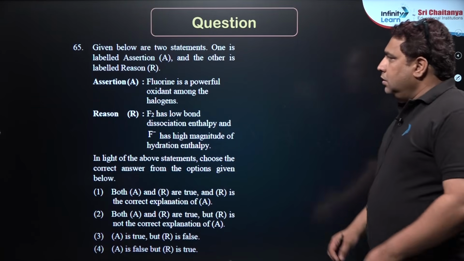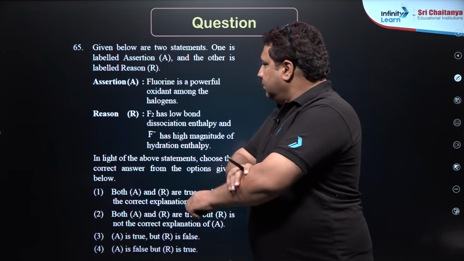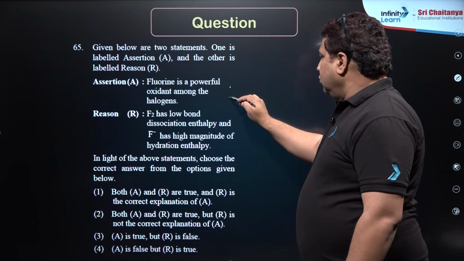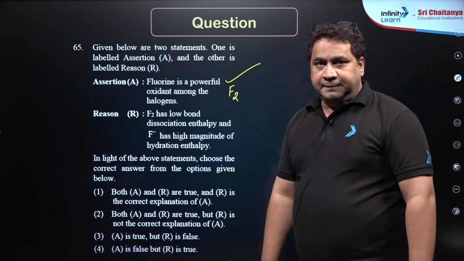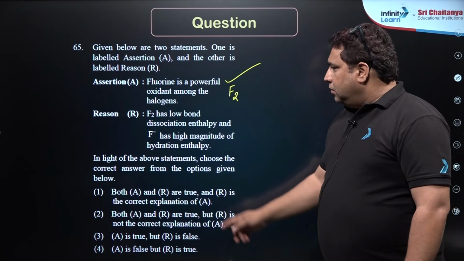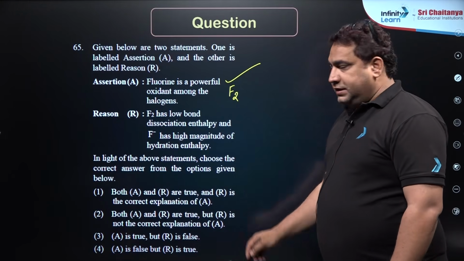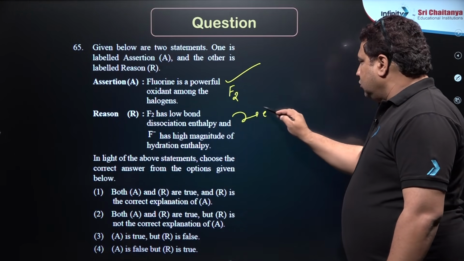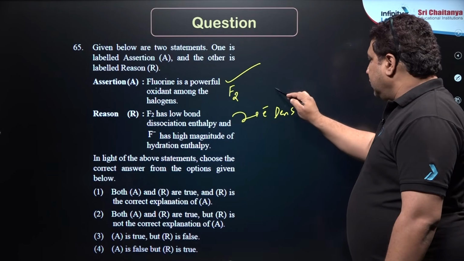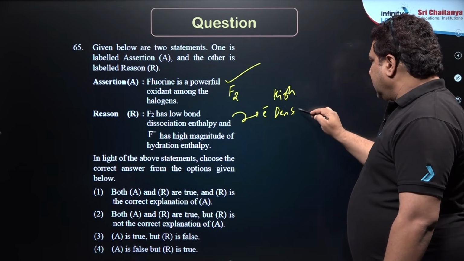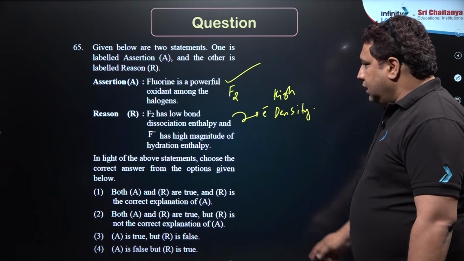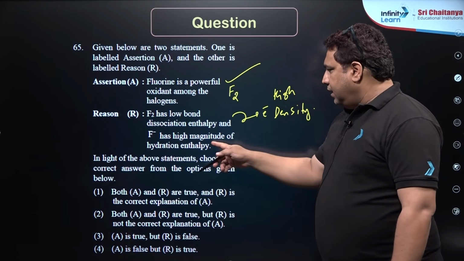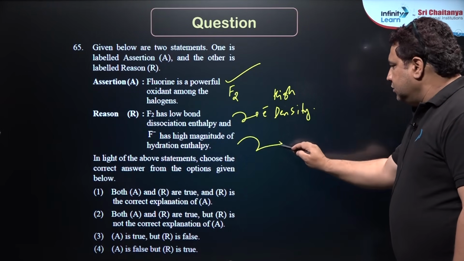Next, fluorine is the most powerful oxidant among the halogens. Yes, fluorine is the most powerful oxidant, correct statement. Due to fluorine has low bond dissociation energy. Yes, because of high electron density. In the light and highest magnitude of high attraction. Yes, small size.